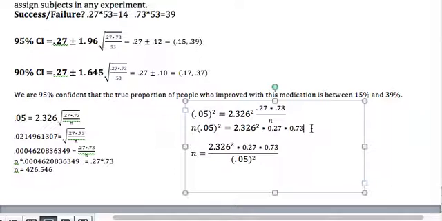So in my calculator, I'm going to try this out. Squared times 0.27. And this is pretty easy to put in your calculator, honestly, I think. 0.05 squared. And what do you get? I think you should get the same answer.